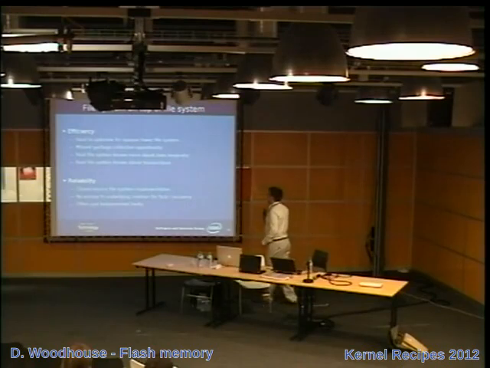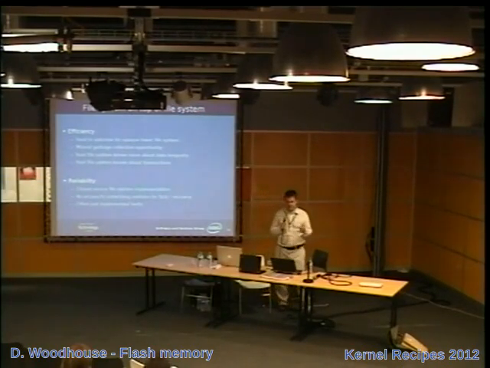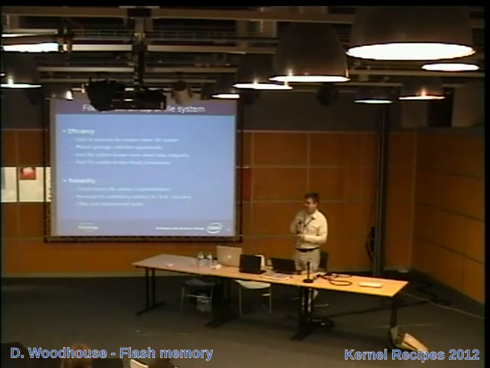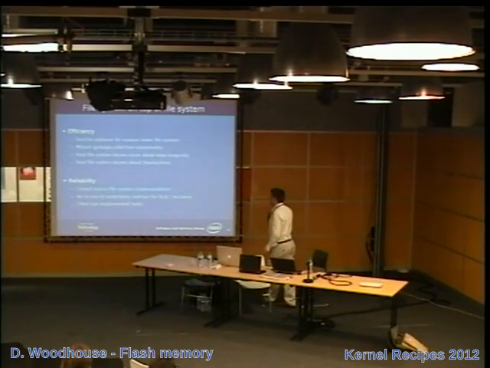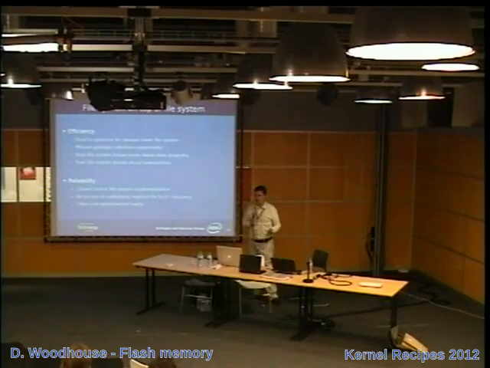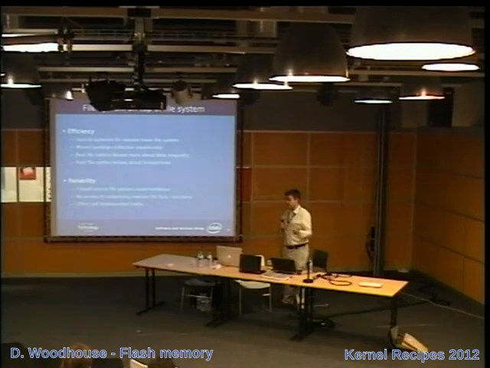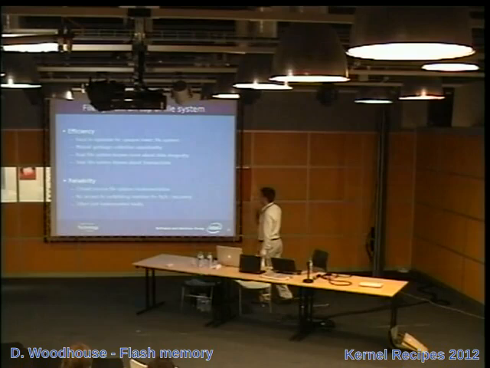But there's also missed opportunity for garbage collection. Basically, when you're copying data around, the higher-level file system can have a better idea about what data are volatile and are going to be overwritten soon, and what data are long-term data that will never get changed.